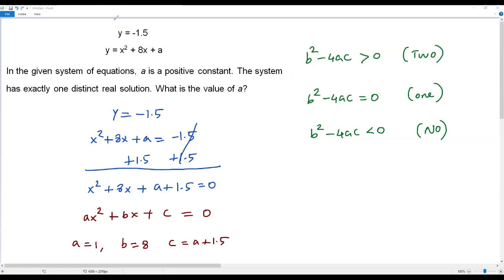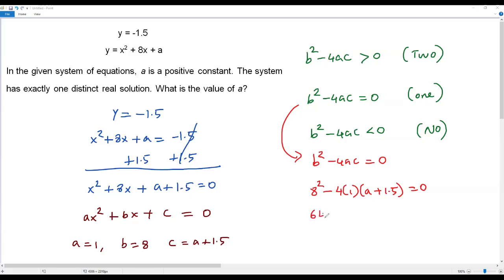We already have the values of a, b, and c: the value of b is 8, a is 1, and c is A plus 1.5. So 8 square minus 4 times 1 times A plus 1.5 equals 0.